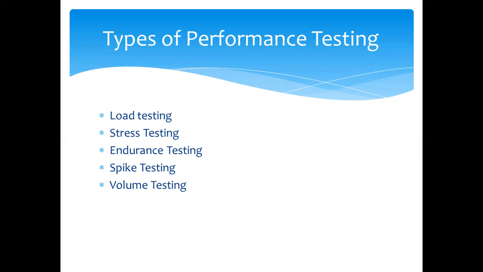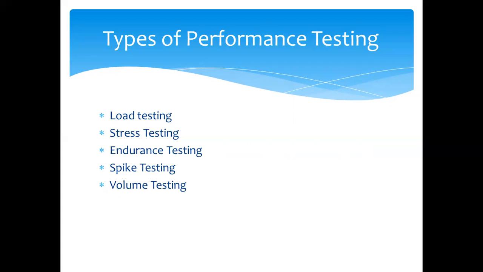Spike testing tests the software's reaction to certain large spikes. For example, on Amazon, generally 1 lakh users would be working daily. On Thursday afternoon at 12 o'clock, MI is launching a new mobile online for 5 to 10 minutes.